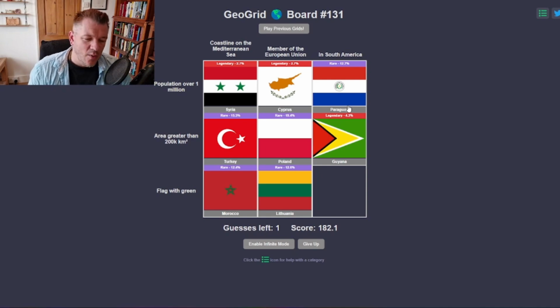Okay, in South America with green in it. Well, Brazil. Guyana, as we can see, definitely has green in it. Oh, Jesus. Bolivia, that has green. What else? Oh, Christ.